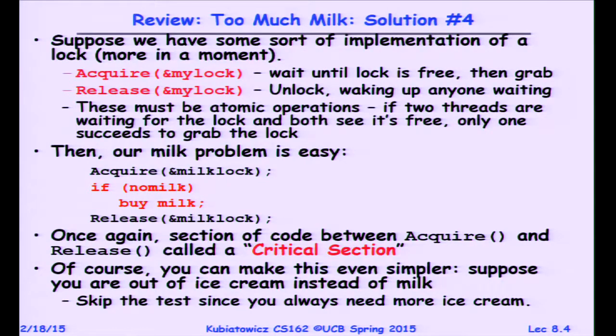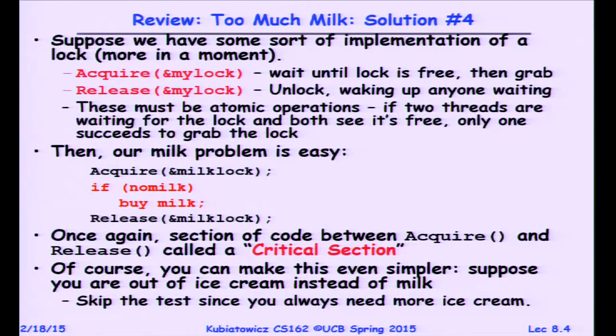And of course, the release method obviously has to relate to the acquire method. Whatever acquire does, release undoes it and maybe wakes up the next person waiting for the lock. Are we good on that? Any questions?